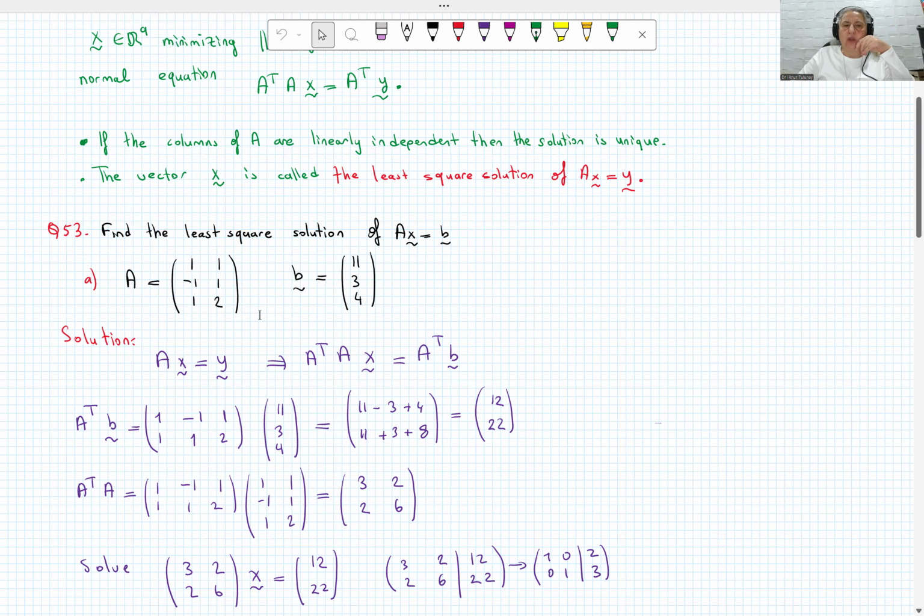We have 3 rows and 2 columns. But when we multiply this matrix with its transpose, you will find a square matrix. As you realize, the columns are not multiples of each other, so the columns are linearly independent.